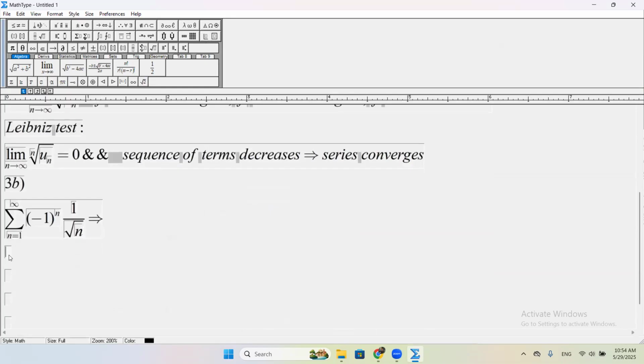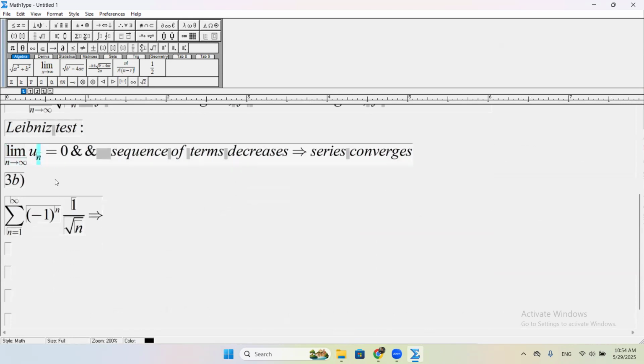So writing down. First of all, calculating the limit. So such limit of un, sorry, not root of power of n. So we are having the following limit. It equals the limit of 1 over square root of n, and it equals 0. So the first condition is fulfilled.